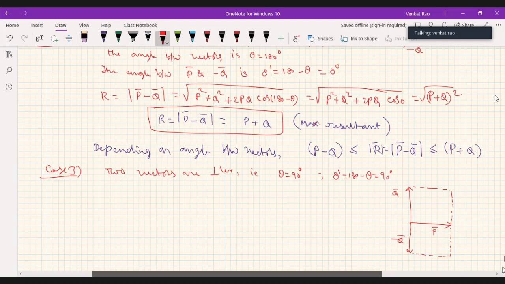This will be the resultant r bar. So this angle is theta dash 90. So this angle is alpha.